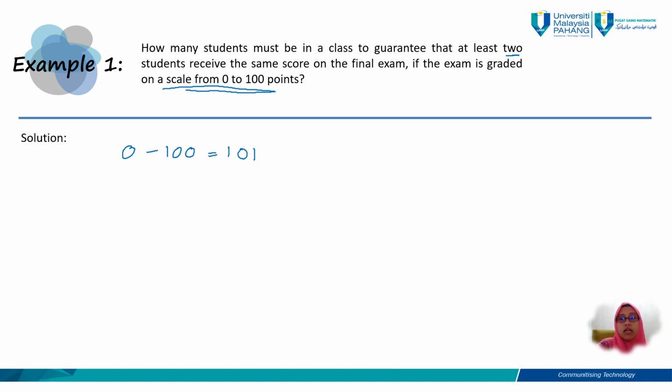The total is 101. So by using the pigeonhole principle, we must have at least 102 students, so that at least 2 students will get the same score.